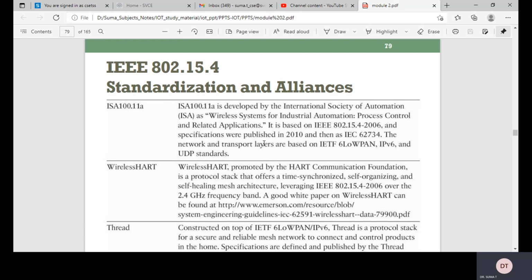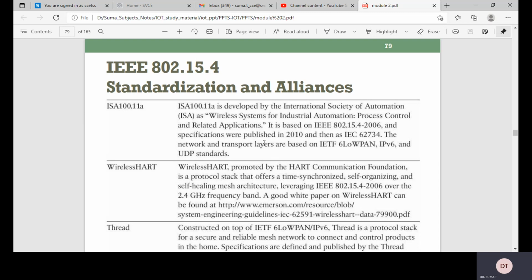Thread is a protocol stack for secure and reliable mesh networks to connect and control the products in the world. Specifications are defined and published by the Thread Group at this juncture. Because of its relatively long history compared to others, ZigBee is one of the most well-known protocols listed in this table.